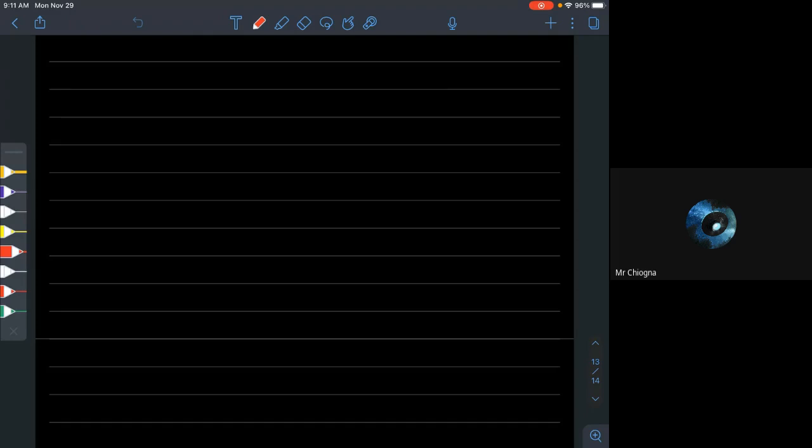Okay, so let's look at finally page 112. The first one is sodium.